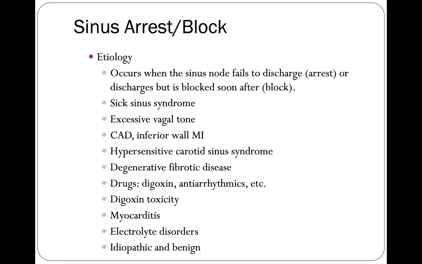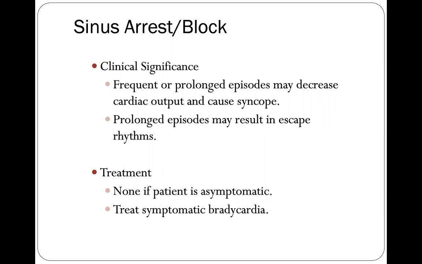Hypersensitivity of the carotid sinus can cause it. A lot of different things. Digoxin, this drug down here, you're going to see show up a lot in our arrhythmias. So that's another one that can tend to cause it. So there's lots of things that can lead to a sinus arrest, pause, or block.